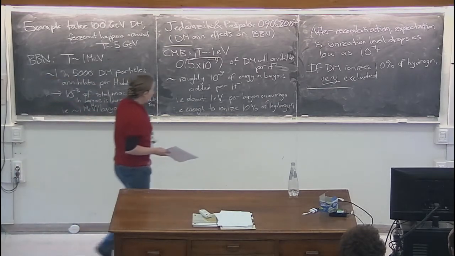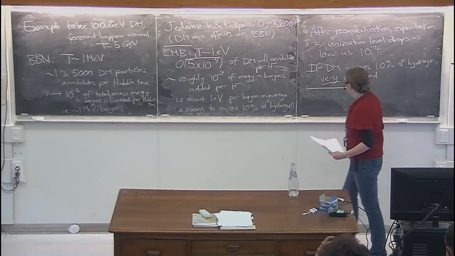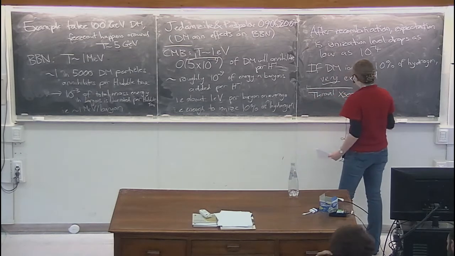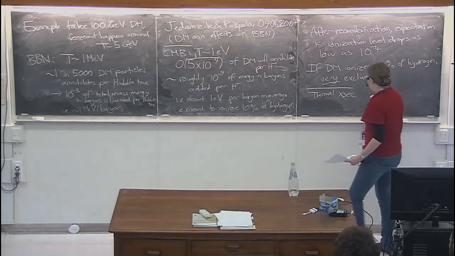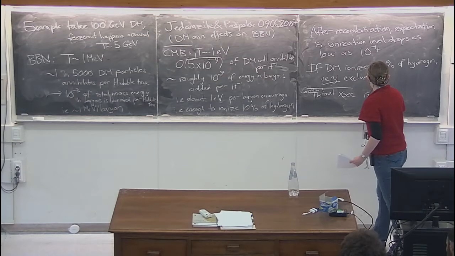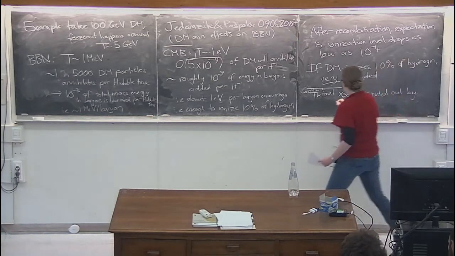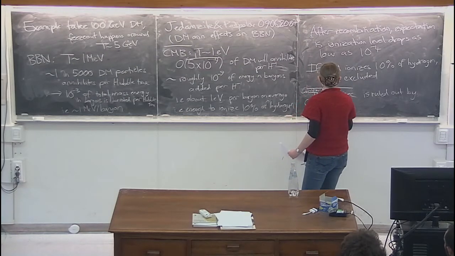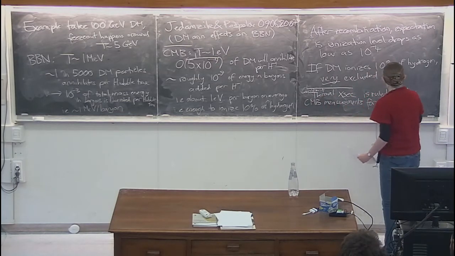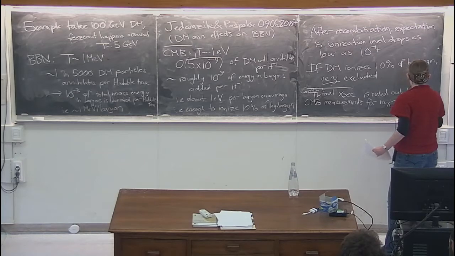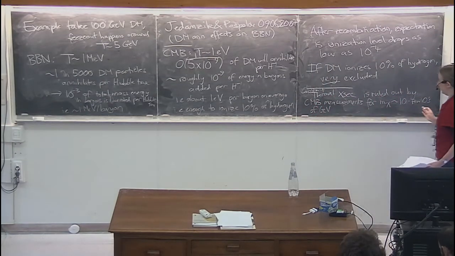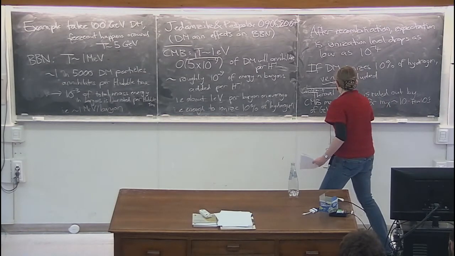But when you work it all out, when you do a careful calculation, what you find is that this simple thermal cross-section picture, so a constant thermal cross-section, is ruled out by CMB measurements for masses on the order of 10 to a few tens of GeV, if the dark matter doesn't annihilate just straight to neutrinos, so depending on final state.